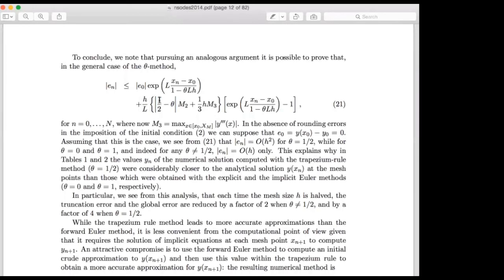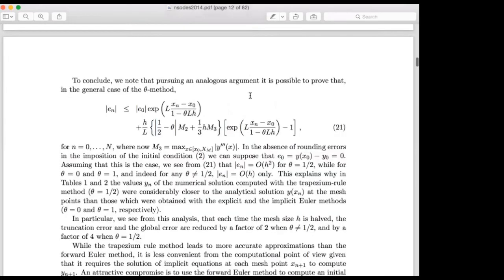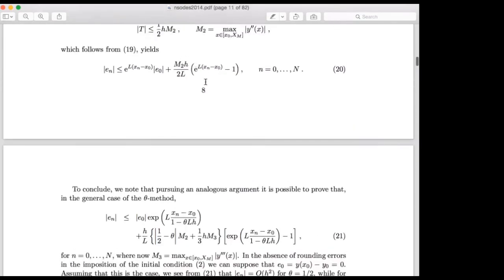So what we have is 1 by 2 h m2 divided by L plus 1 by 3 h square m3. And of course, this factor will multiply in both the factors. So the first one is this one, and one more term would be there, that is 1 by 3 h square m3 by L into this term.